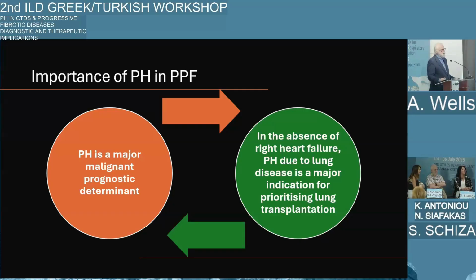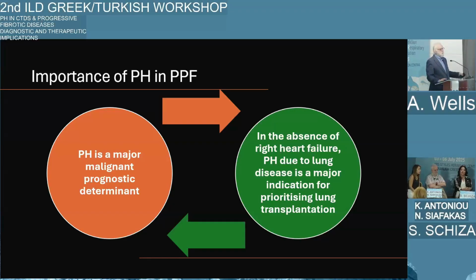non-IPF progression of fibrotic lung disease, to have progression in spite of traditional management itself is making you think along the lines of transplant. And you are crossing your fingers and you're using antifibrotic drugs. But if you have PH as well, you have to prioritize transplant. Indeed, this is recognized around the world.